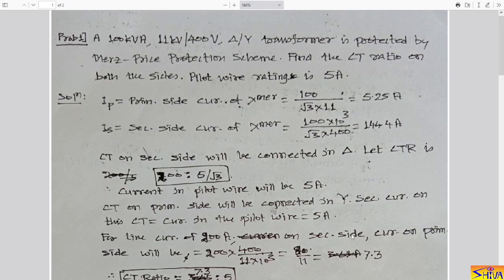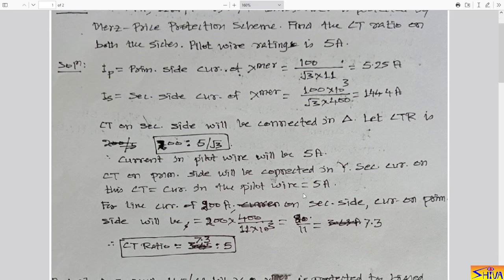So corresponding to this 5 ampere, we have to select the CT ratio, and we have to keep in mind that secondary line current is 200 ampere. So for the line current of 200 ampere on secondary side, current on primary side will be, using the equation V1 I1 is equal to V2 I2. So V1 is 11 kV multiplied by I1, that will be equal to I2, that is 200, multiplied by V2, that is 400.